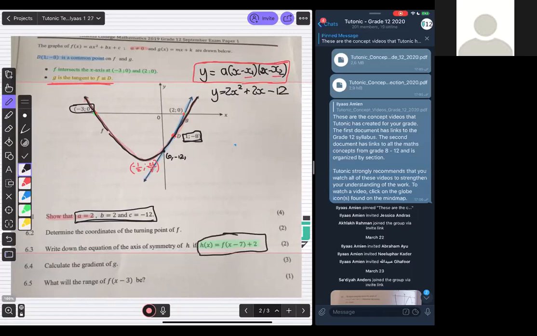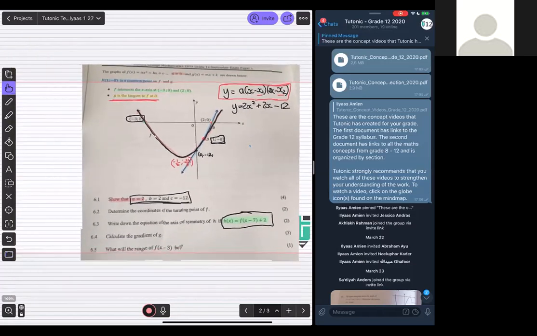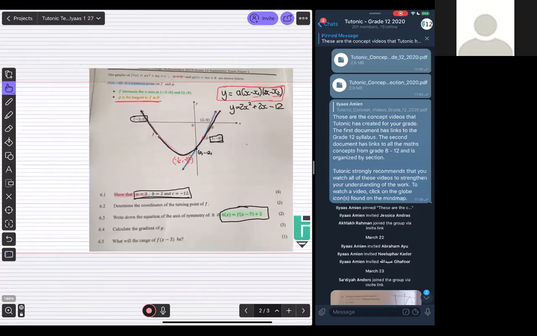Isn't it 2 units to the left? No. Inside the brackets, it's always going to be a horizontal shift, and outside the brackets, it's going to be a vertical shift.